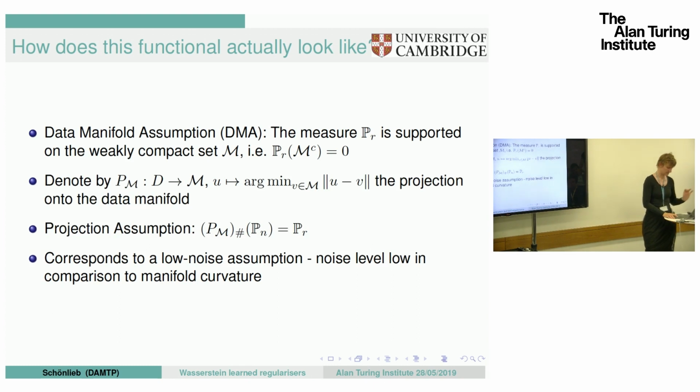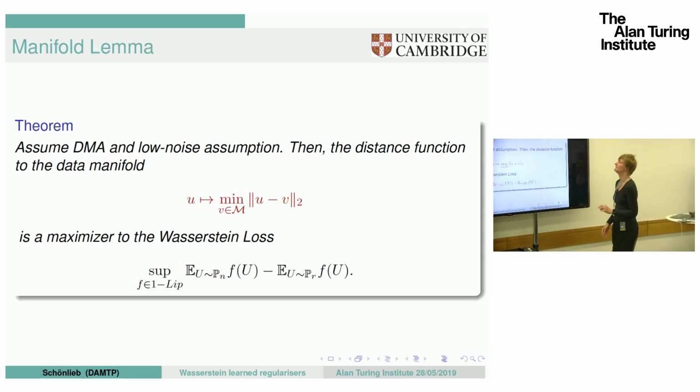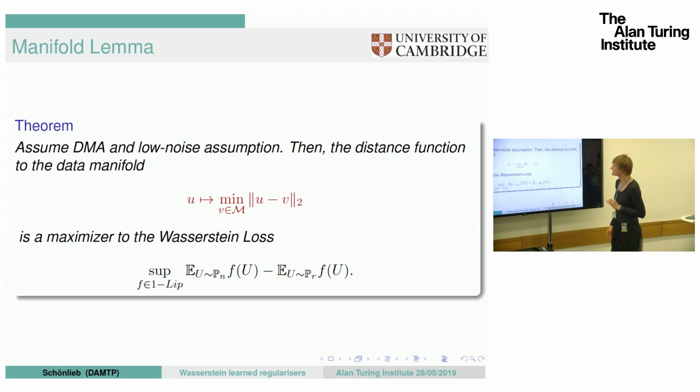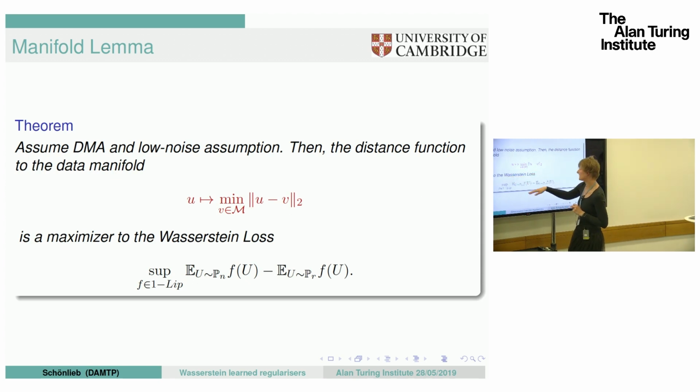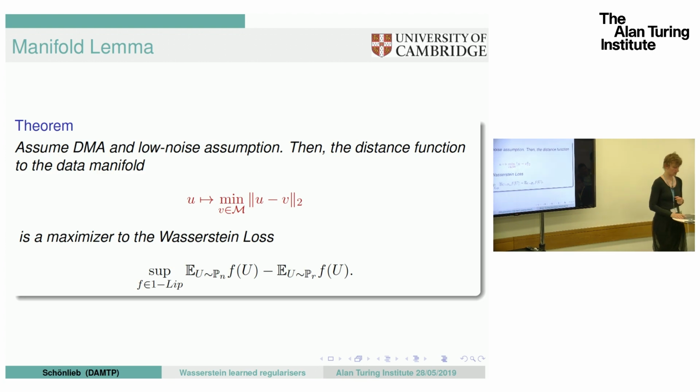If you accept those, then I can say that one maximizer of this Wasserstein loss we can actually understand, and it is the projection onto this manifold. This is what this regularizer, or one thing that this regularizer is doing, is projecting onto this manifold that is supporting this distribution PR.